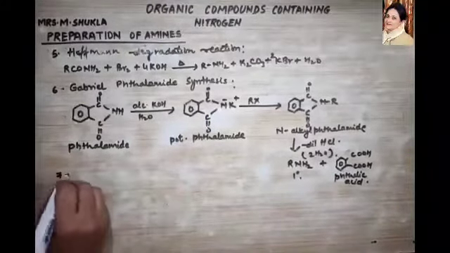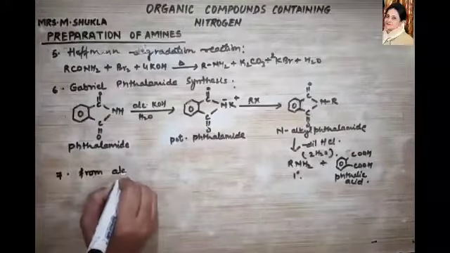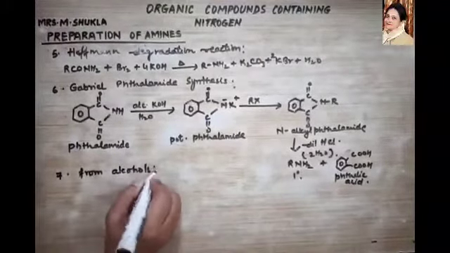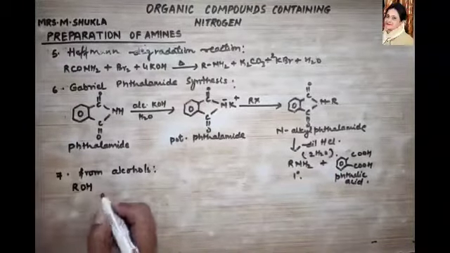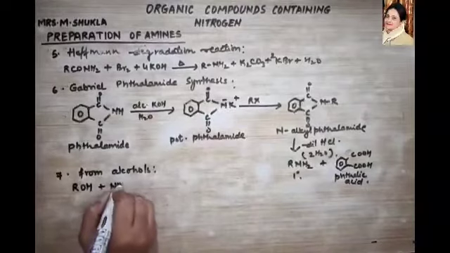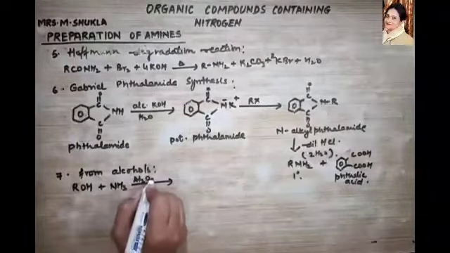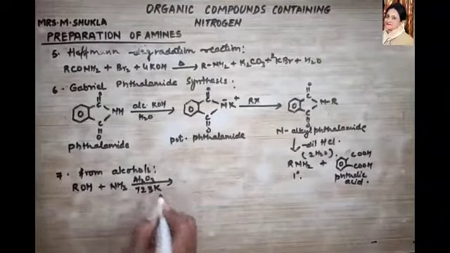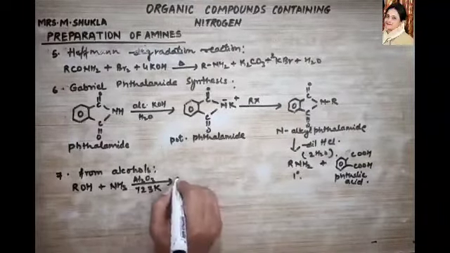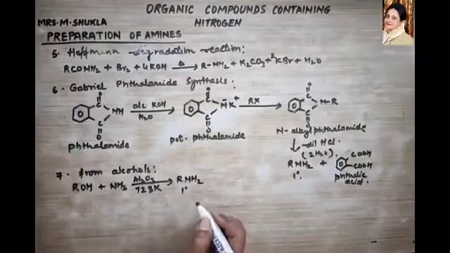Then the next one was from the alcohols also. Now let us look at one of the general reactions, like alcohol when treated with ammonia in the presence of alumina, that is Al2O3, at 723 Kelvin. It is first going to form a primary amine, that is 1 degree amine.